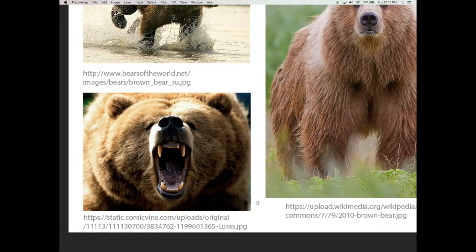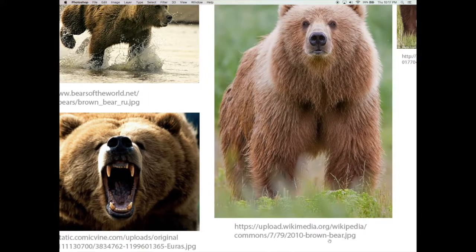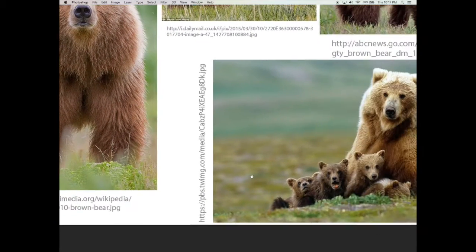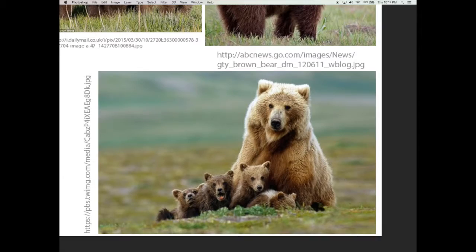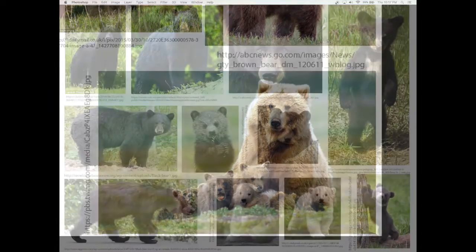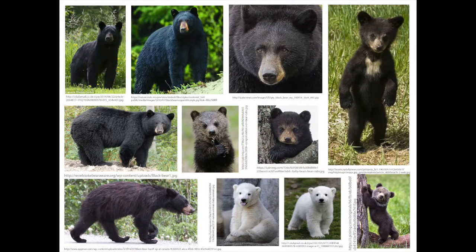As I'm researching and looking for my photo reference, I'm keeping in mind all these characteristics and trying to look for them. See this image here, in particular: I have a mama bear with her three cubs, and I want to show that, right? That's going to play a very big role in telling the story.